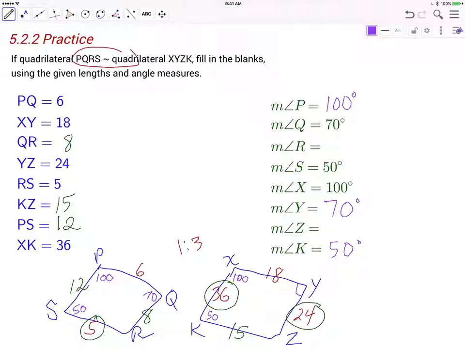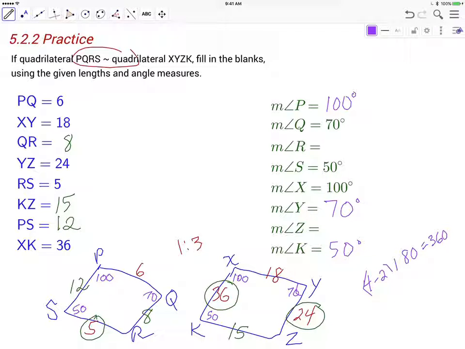Now you notice that there's a couple things that are left here, R and Z. And you might have thought to yourself, well, how do I know? Remember back to polygons, and that the total number of angles inside a four-sided polygon is 4 minus 2 times 180, right? Better known as 360 degrees.